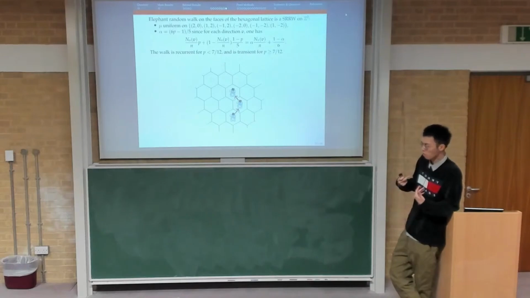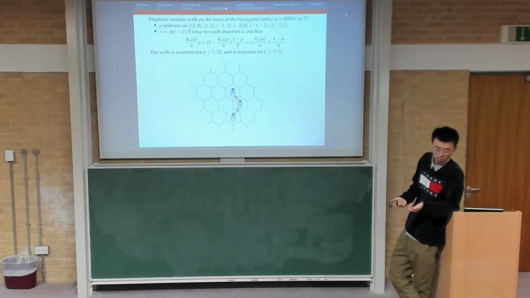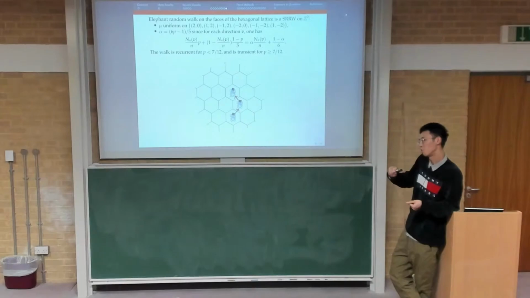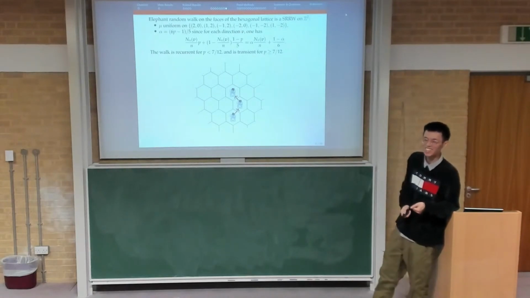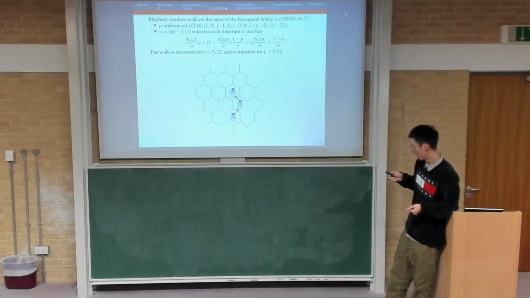But from my perspective, the most natural way to generalize the elephant random walk is to consider it on Cayley graphs, because on Cayley graphs you have a so-called generating set. Then for each step, you consider how many steps you have made using the elements in the generating set. But so far there is no paper on this.